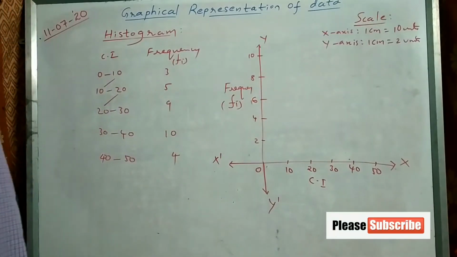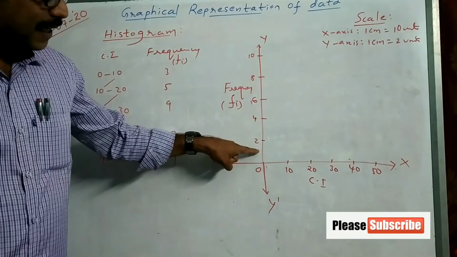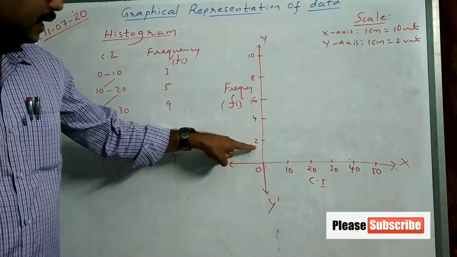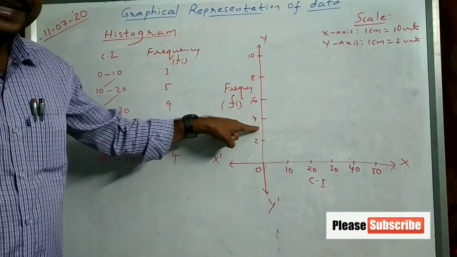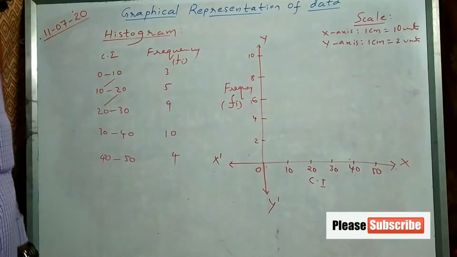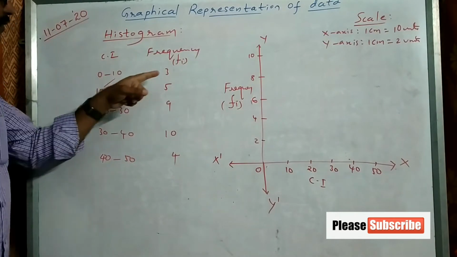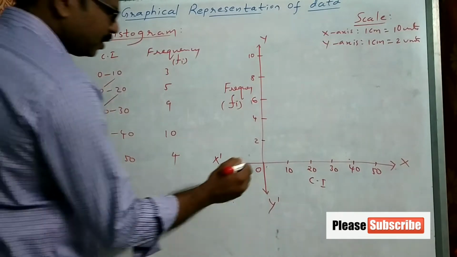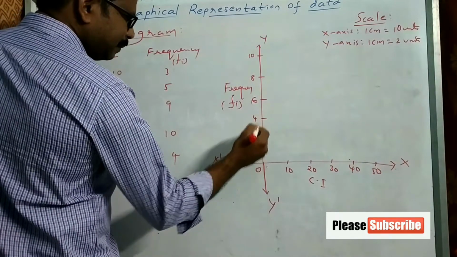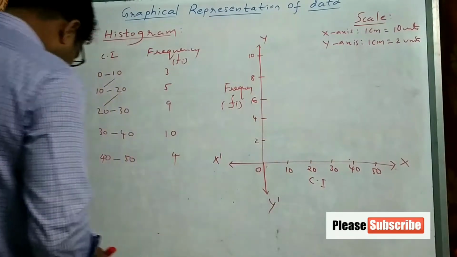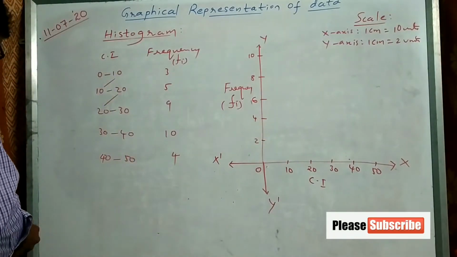In between you have a thick line, that is 1. In between 2 and 4 you have one thick line, that is 3. Now between 0 and 10, what is the frequency? 3. So between 2 and 4 you have 3 now. I will use a different color.